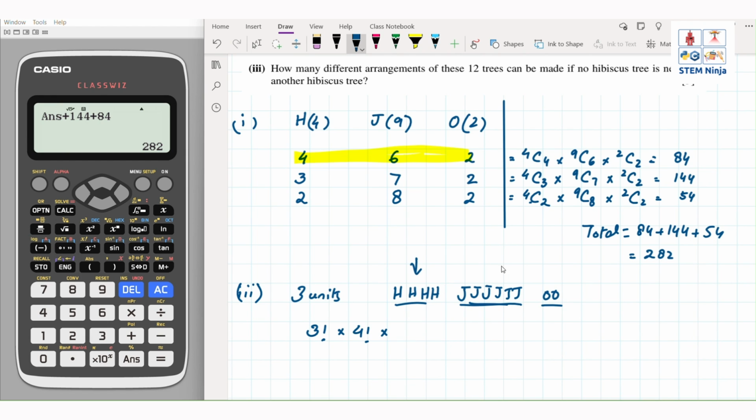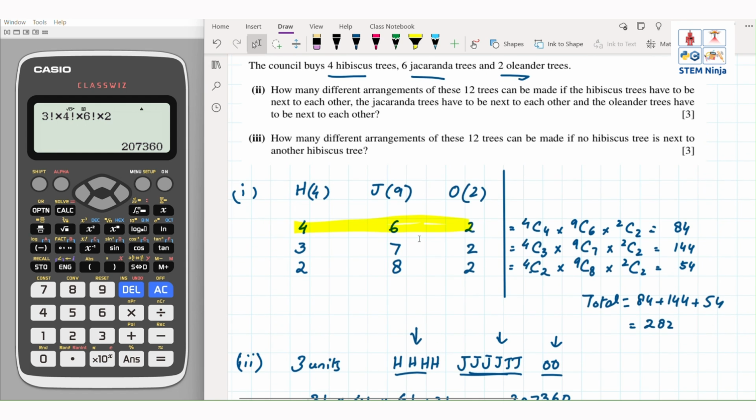And since all of these trees are different, not identical, we don't have to divide by the identical items. So 4 hibiscus, 6 jacaranda, and 2 oleander. So 3 factorial times by 4 factorial times by 6 factorial times by 2 factorial, that would be this, 207360.